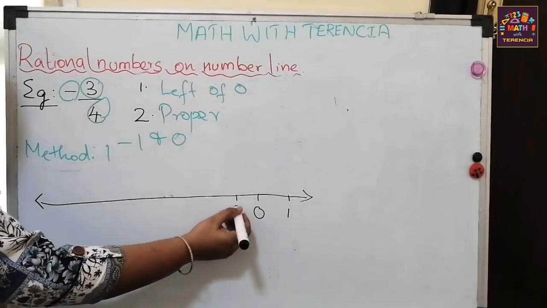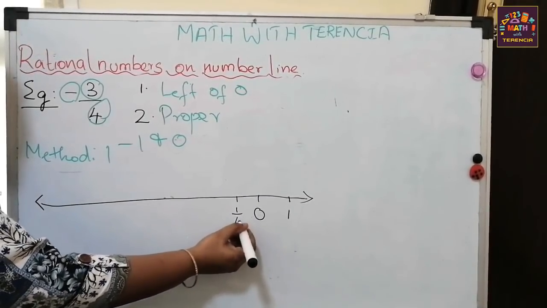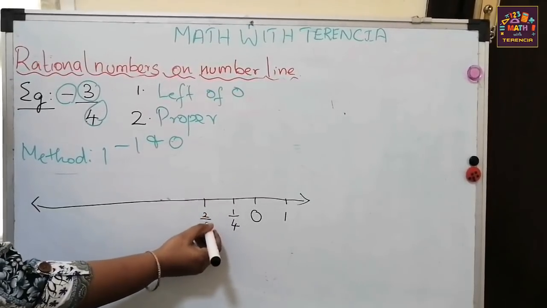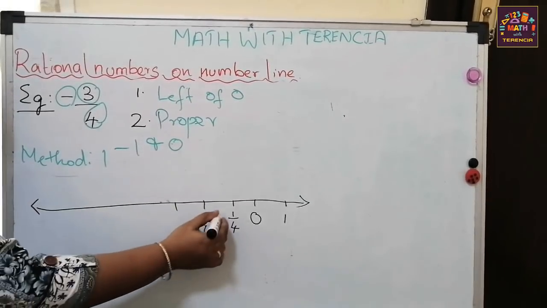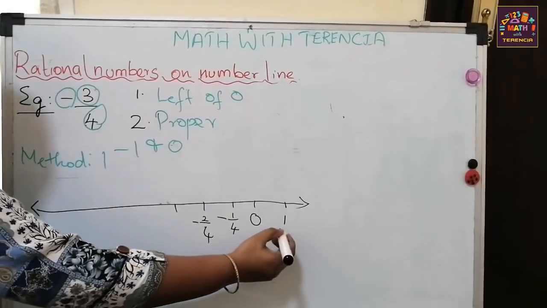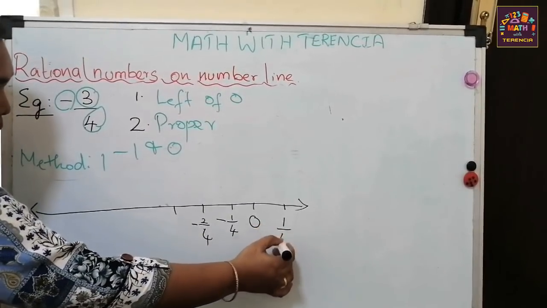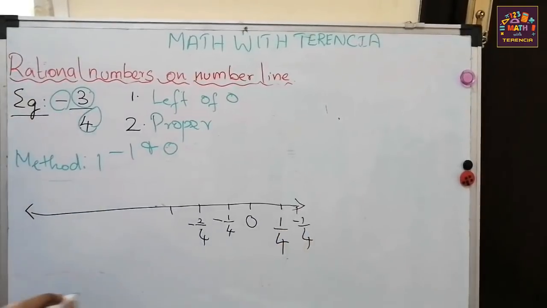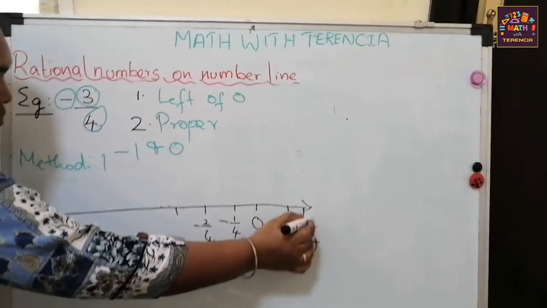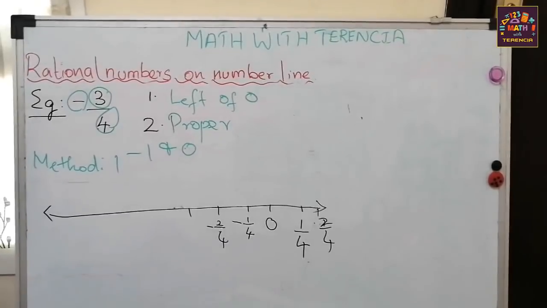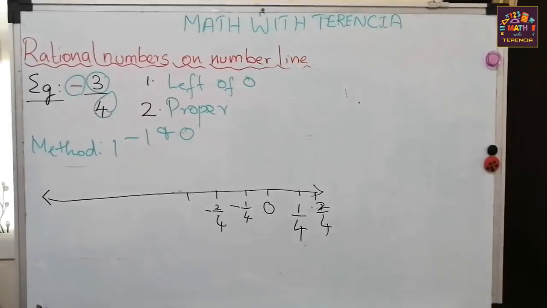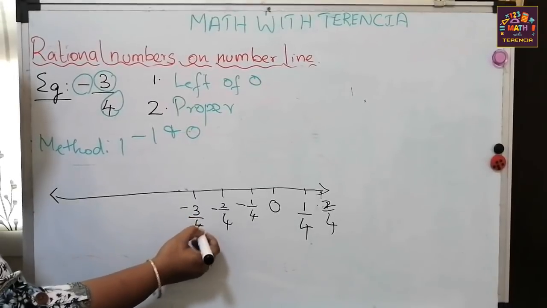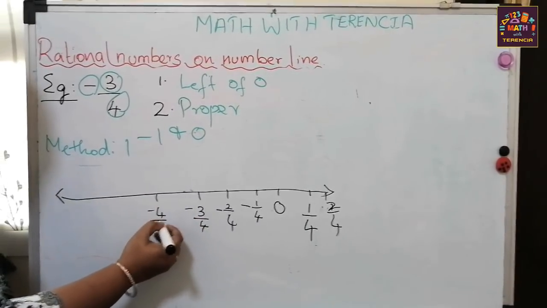So you can write the rational numbers as 1 by 4, 2 by 4, so here it should be plus 1 by 4, minus 1 by 4, plus 2 by 4. And then coming here, minus 3 by 4, minus 4 by 4.